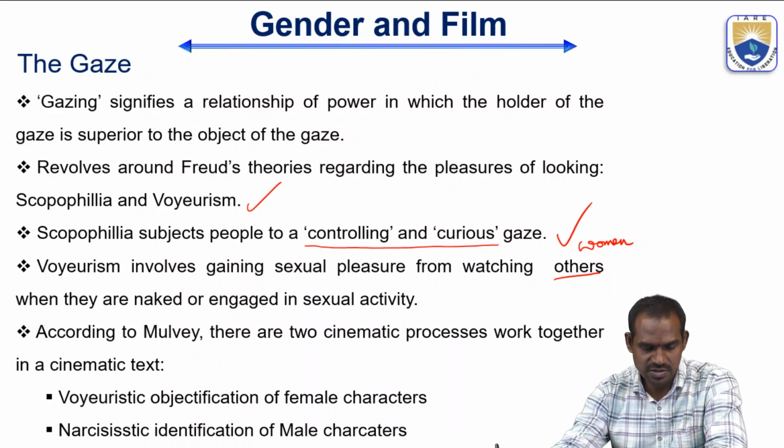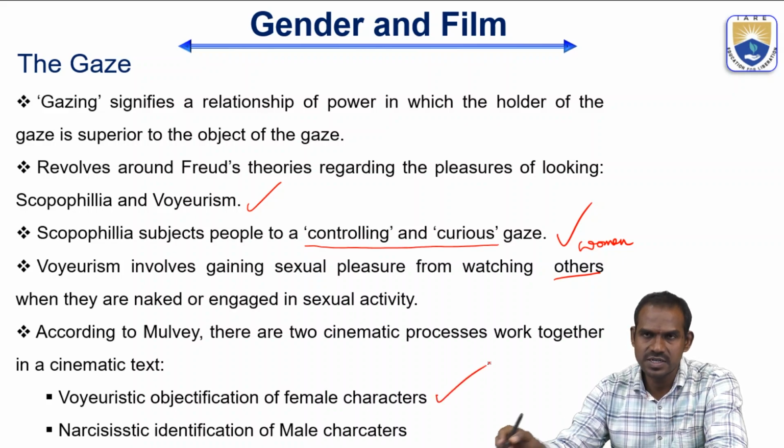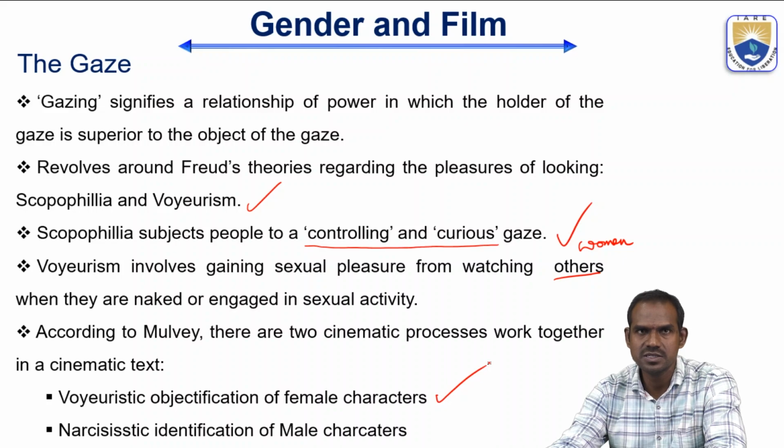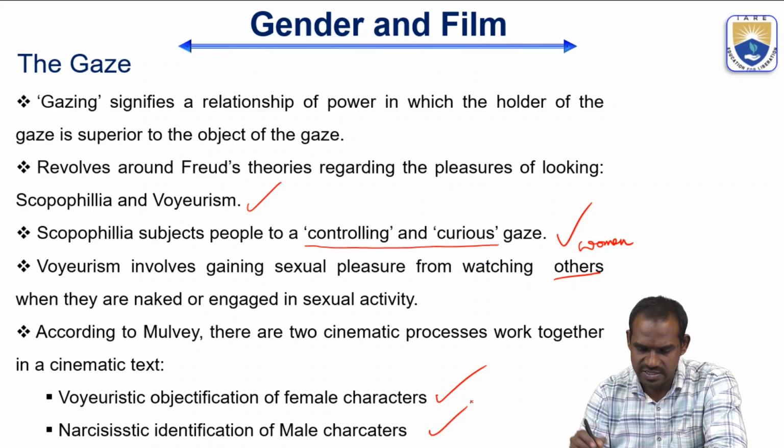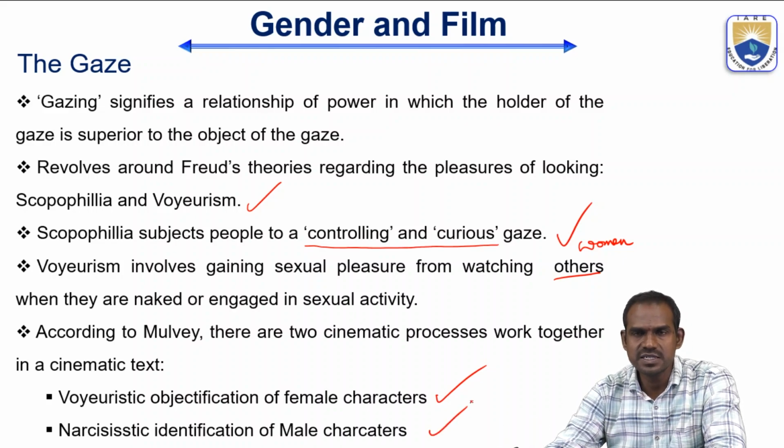The first one is voyeuristic objectification of female characters to get the interest of spectators, and narcissistic identification of male characters. Means male characters should be shown with more heroism and female characters as more glamorous.